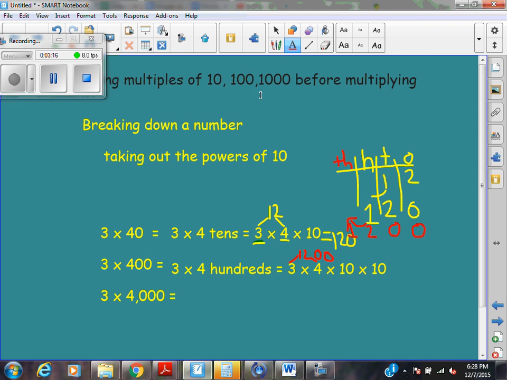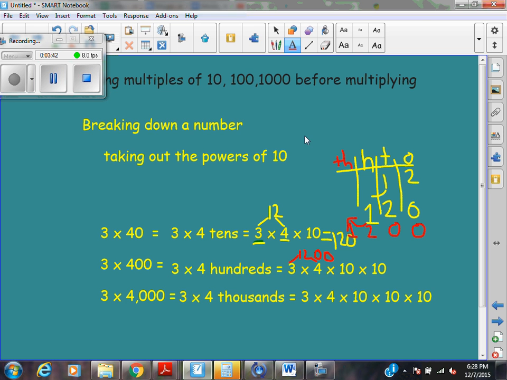Okay, so the last one we have here is 3 times 4,000. So we could write 3 times 4,000. We also could multiply 3 times 4 times 10 times 10 times 10. We know that 1,000 is just 10 to the third power, or 10 times 10 times 10.